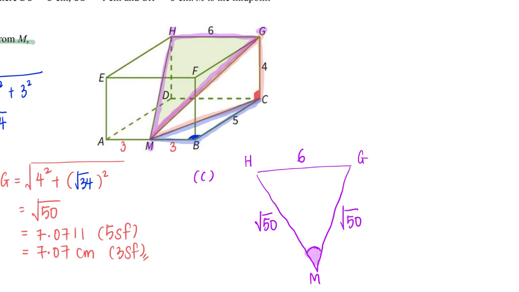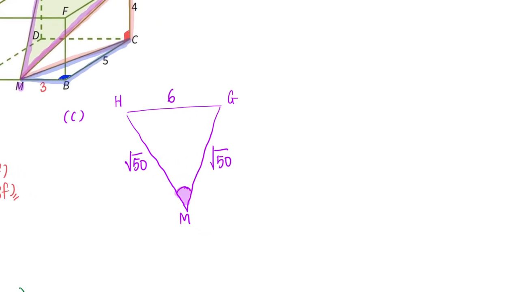Given 3 sides to find the one angle, what rule should we apply in the world of trigonometry? Brilliant, cosine rule.